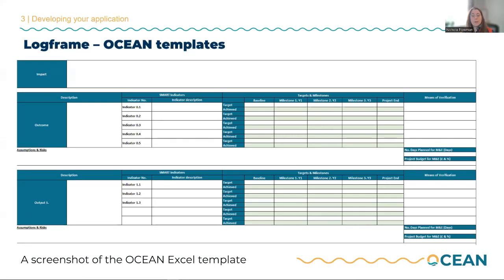Other people prefer to use the Excel template because they find it easier to add in their targets and update those on a regular basis. So it's up to you. We have no preference about which you use. Just choose what's best for you, and you might want to keep both for different purposes internally, but we just need one. So just upload one of those with your application.